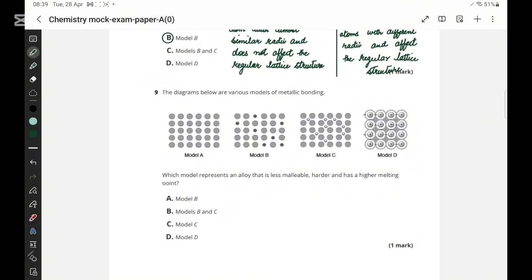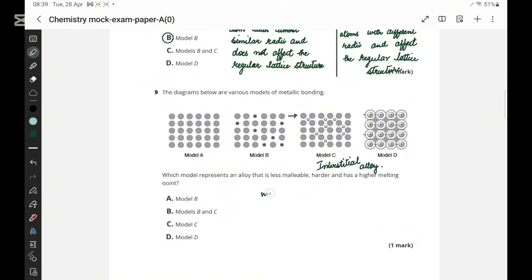For the next question, they are asking which model represents an alloy that is less malleable, harder, and has a higher melting point. Remember, the interstitial alloy is the one that is harder. Why? Because when a force is applied, the layers would not slide past each other.